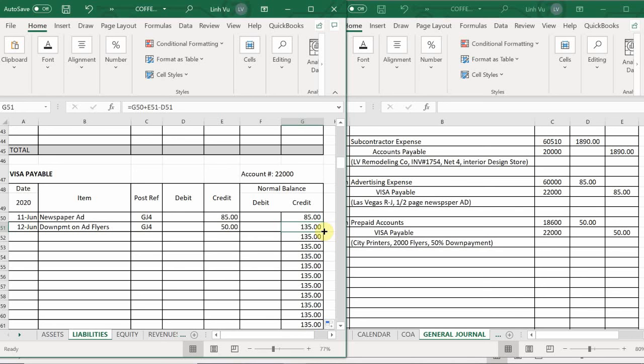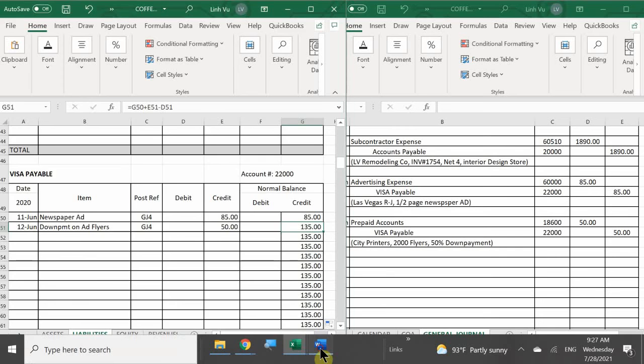When you put your mouse on there, if it becomes a black plus, that's when you can go ahead and drag it down. Okay. Everyone good now?